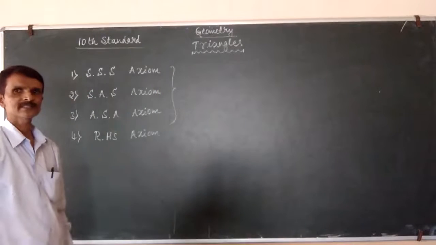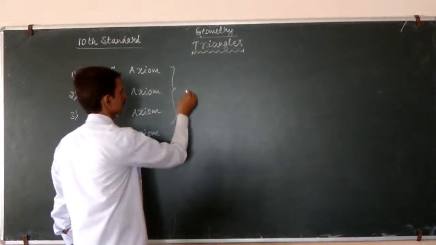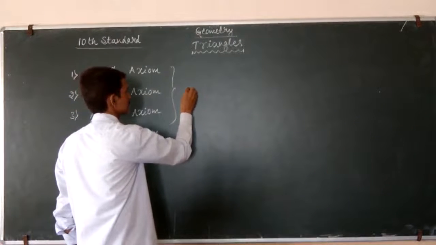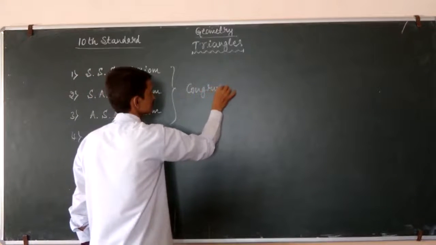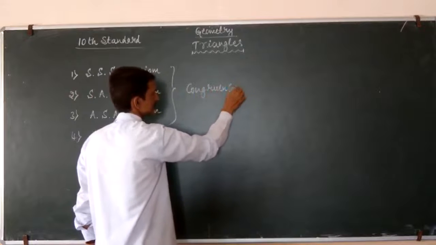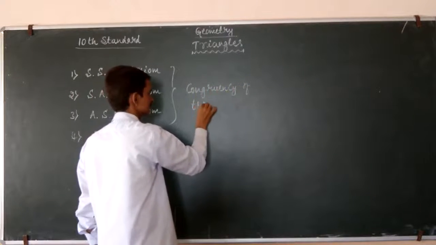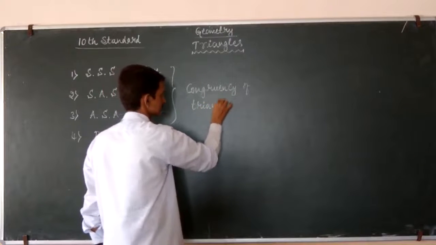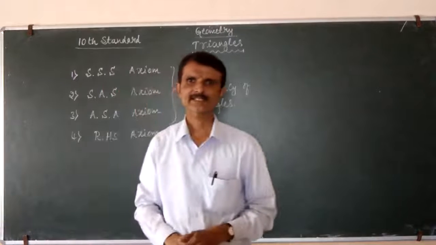So depending upon these axioms, we are going to show the congruency of triangles.